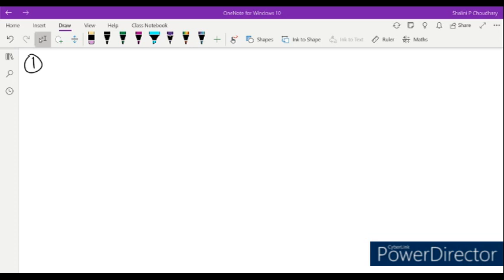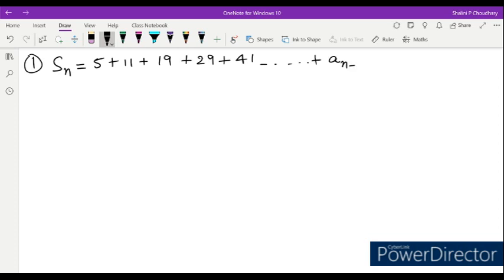terms of the series, and the series given is 5 plus 11 plus 19 plus 29 plus 41, and so on. Let Sn be the sum of this series. The second last number will be a n minus 1, and the last number is a n.